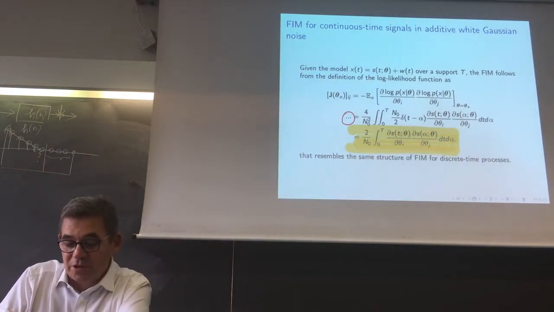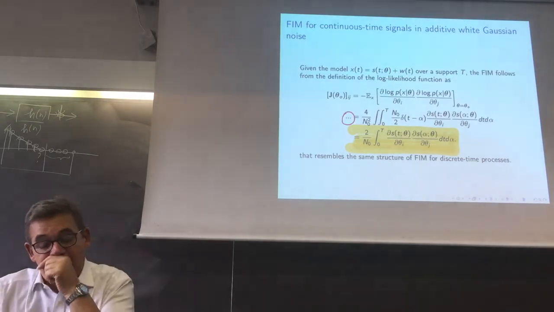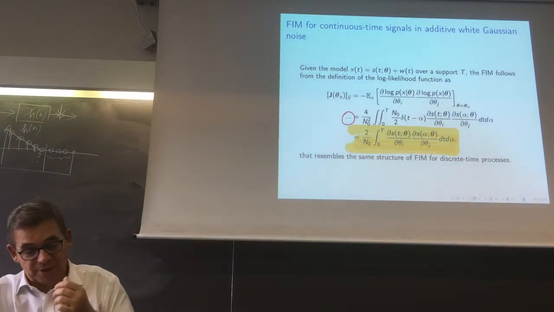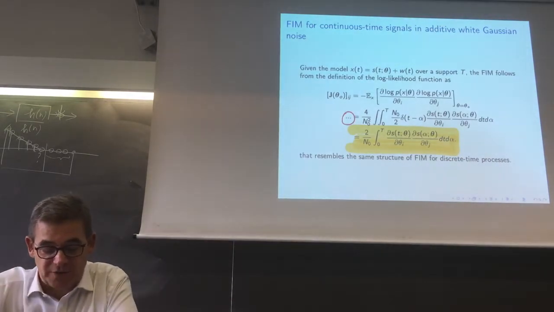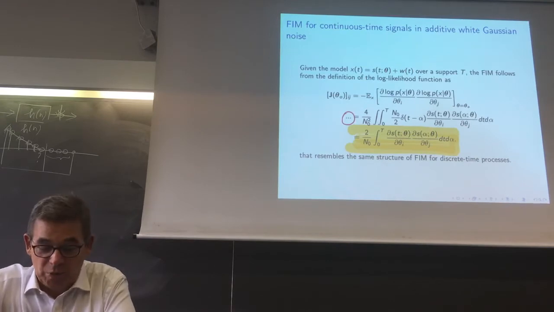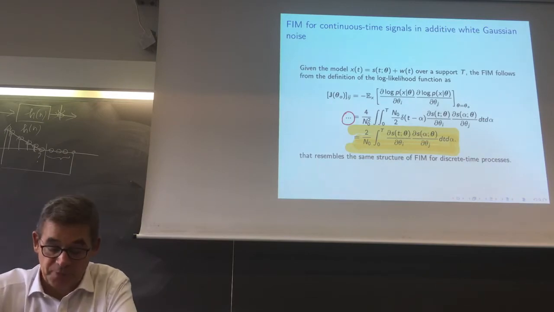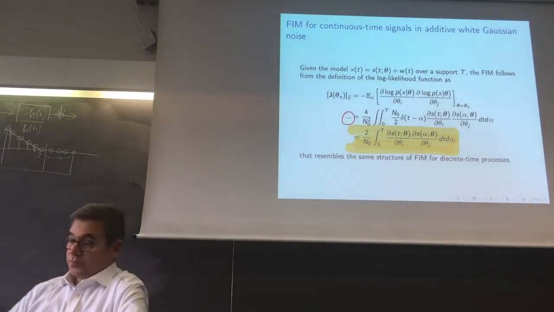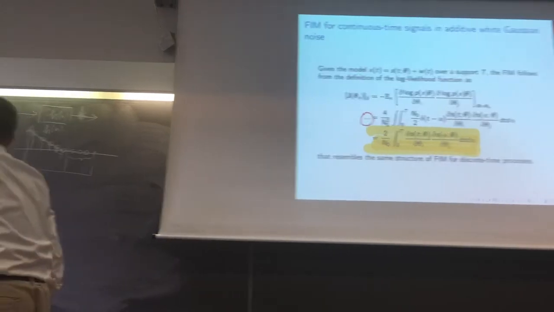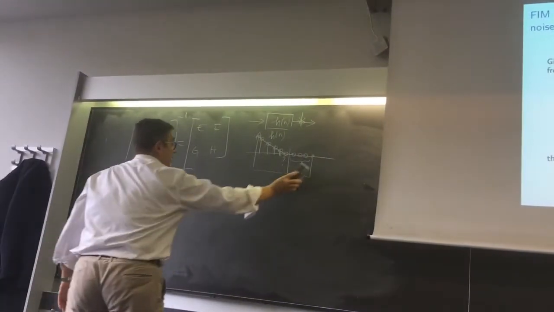So it depends on the derivative of the signal with respect to the specific parameters. Now we look at this specific case and make an example of that. Let's write it here so it's in front of us when we make the example.